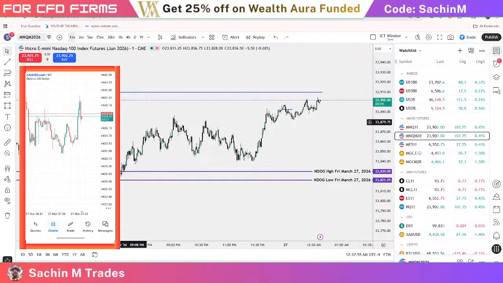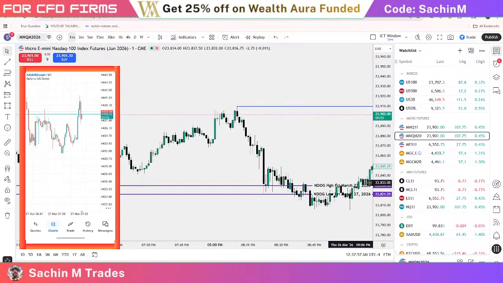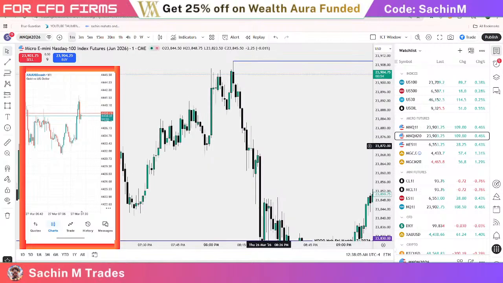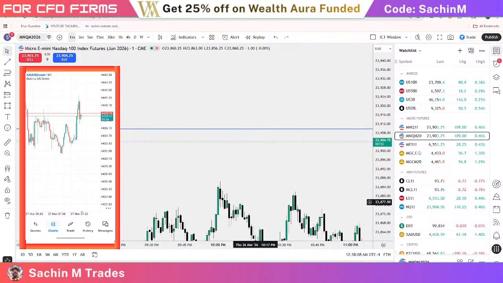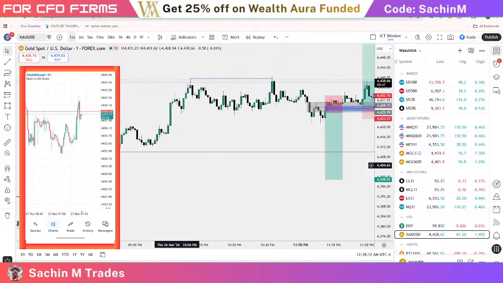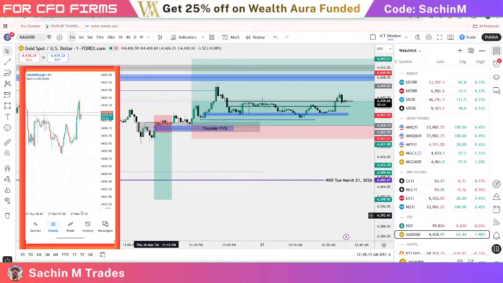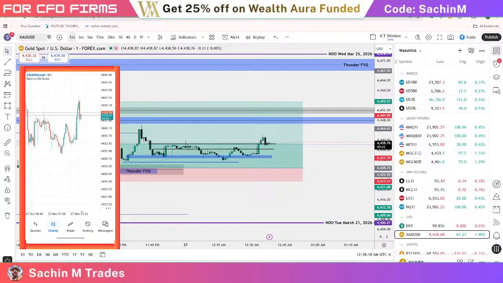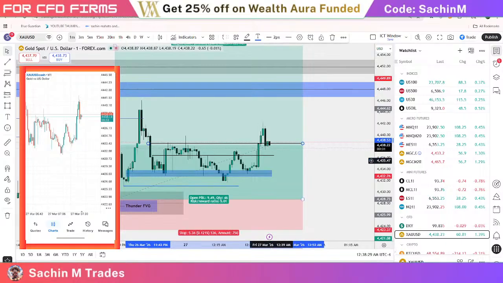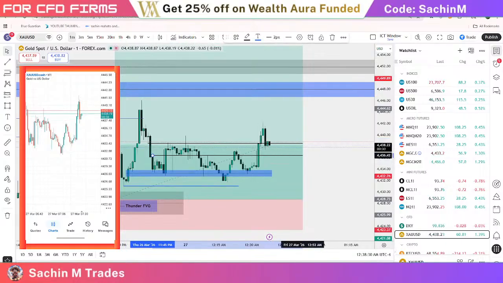The breaker has been invalidated. Let's see if any kind of inversion fair value gap, IFVG, is here. This fair value gap should be acting as inversion fair value gap now, because we have a two body candle close above this.